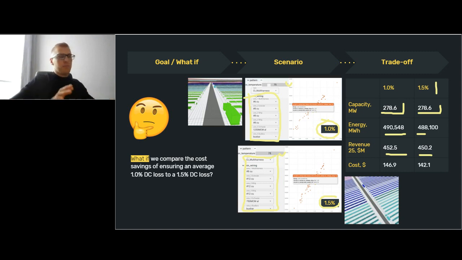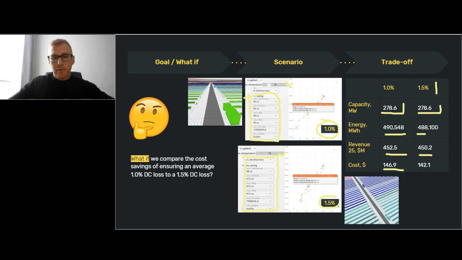Obviously, it's also connected to the developer's spreadsheet, to the PPA agreement, whether you have battery storage or not. There are many factors, but in general, you can always build up some assumptions and think about how to compare those options. And then we have cost.